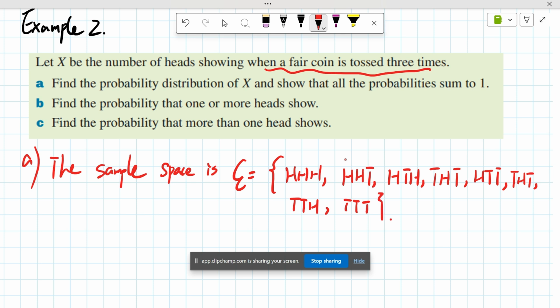That's it. That's an 8-outcome sample space.